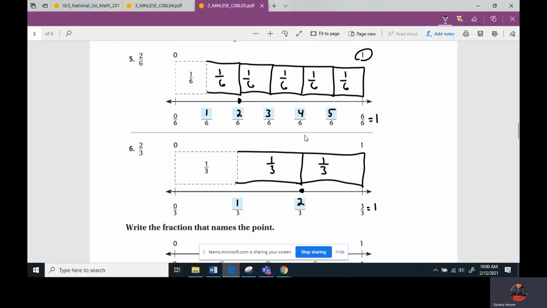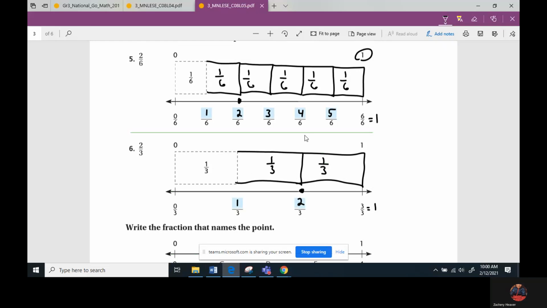Give you a chance to copy both of them. All right.